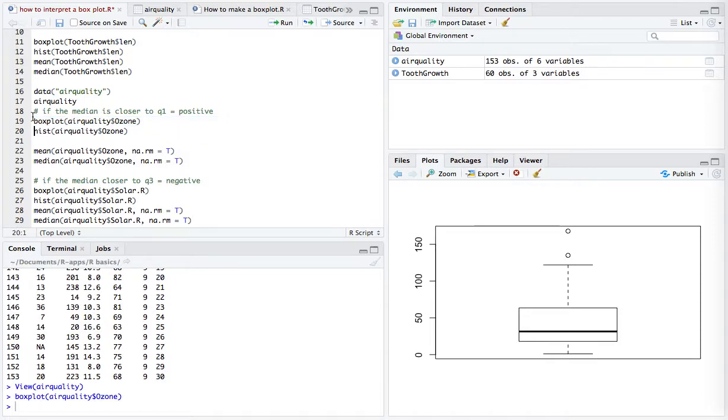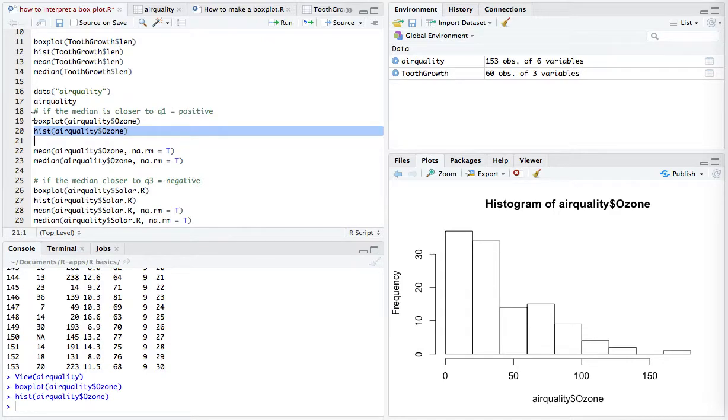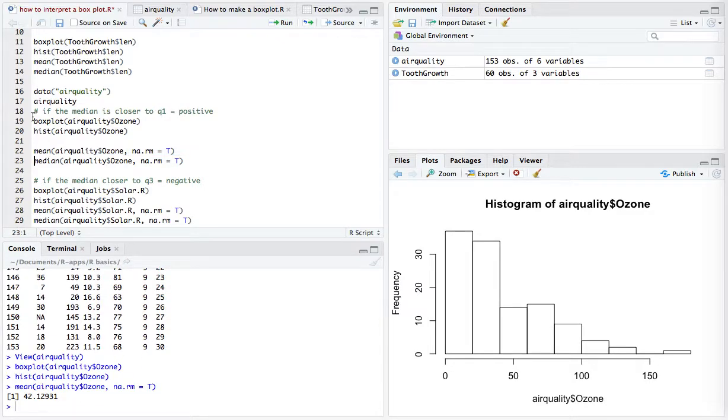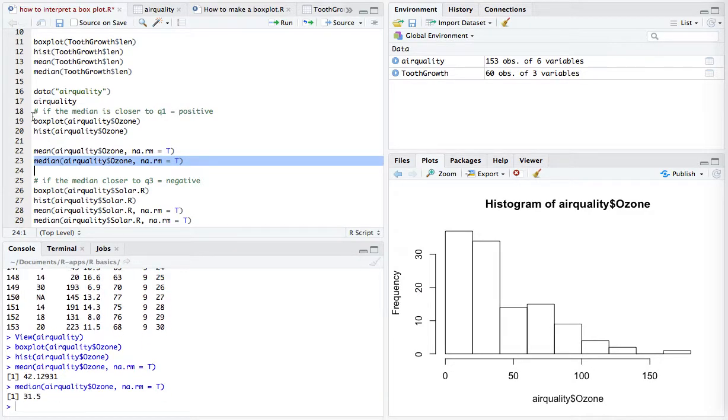If I draw the histogram of this data set, you'll be able to see that most of the values are concentrated towards the early part of the distribution. And so we will say that this data is positively skewed, or right skewed. Now let's look at the mean and the median. The mean of this data is higher than the median, and that means there are a lot of outliers towards the upper extreme values for this particular data set.